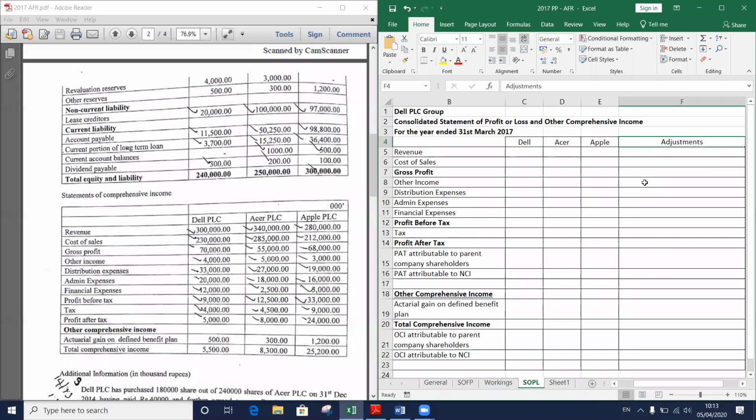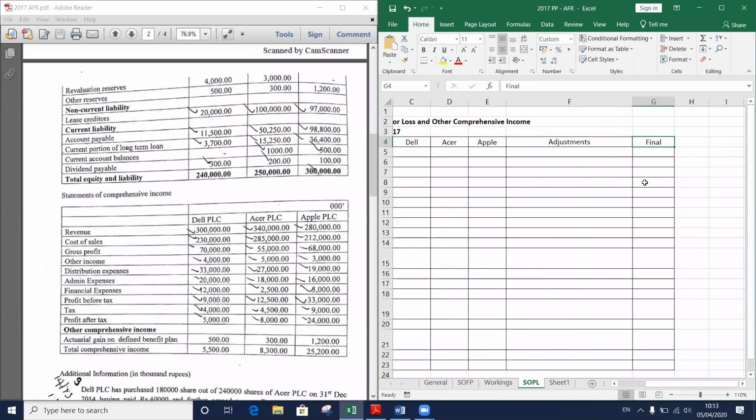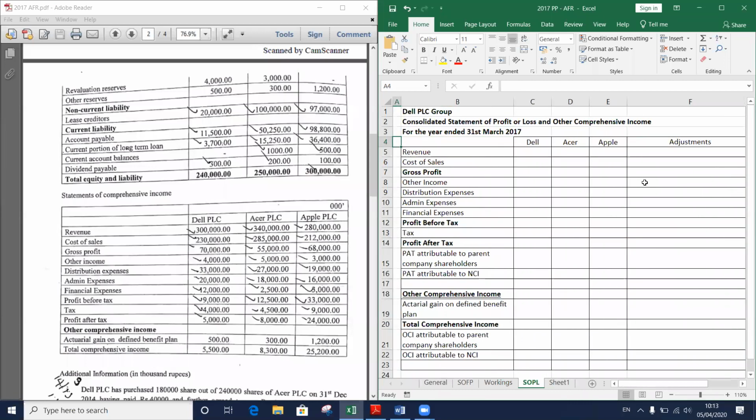I have a separate column to do the adjustments, and the final figures I will consider here. Dell PLC is our parent company. So the parent's figures we are going to extract as it is.